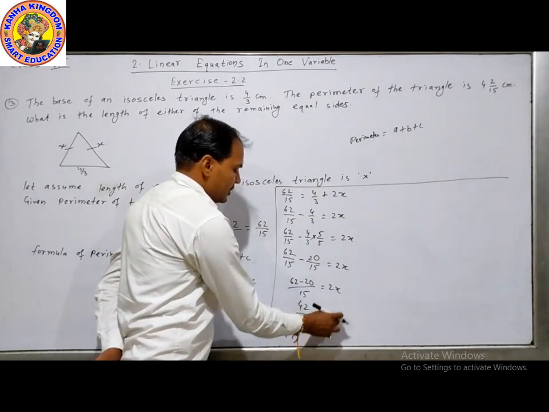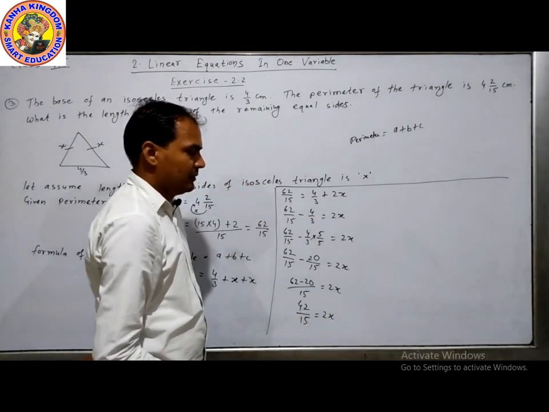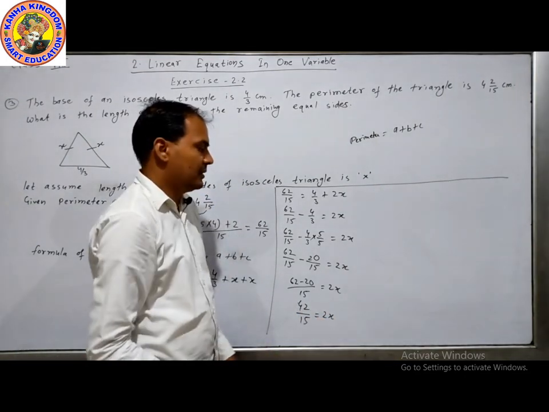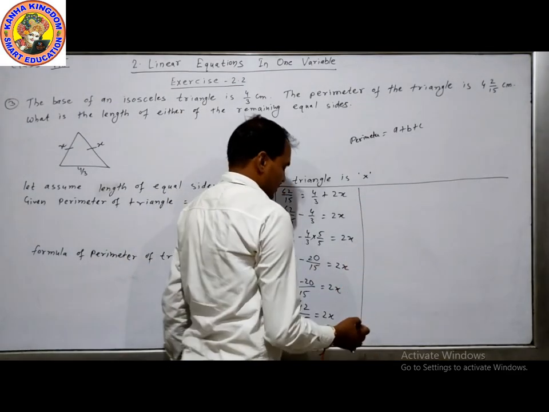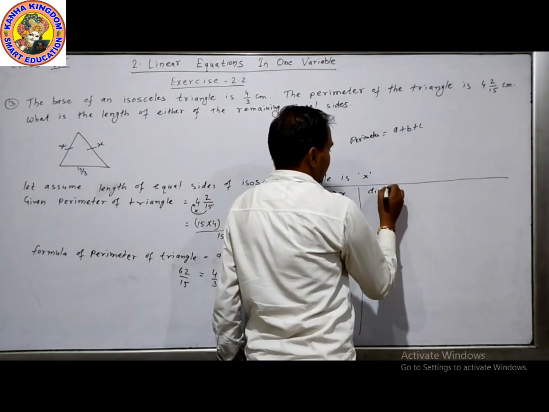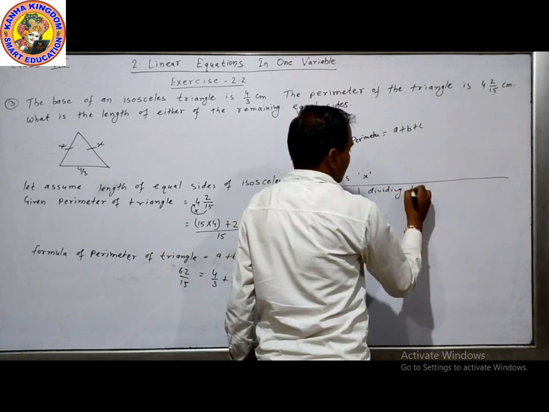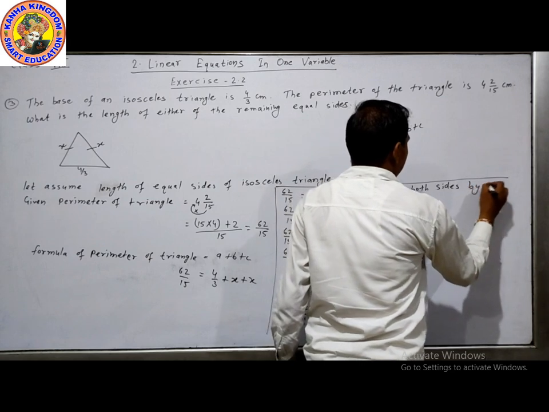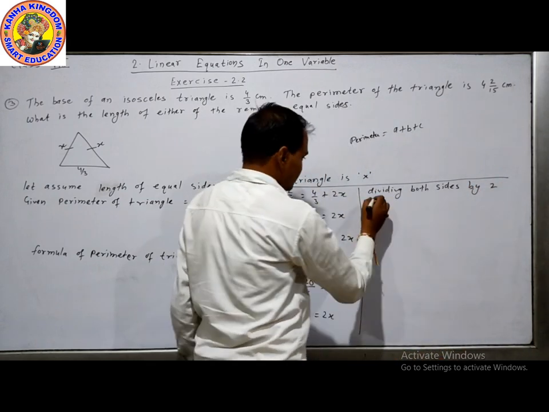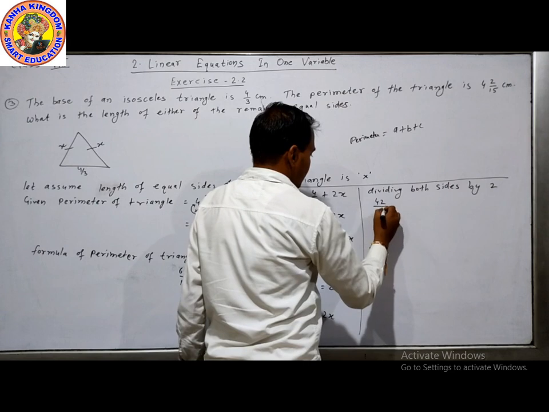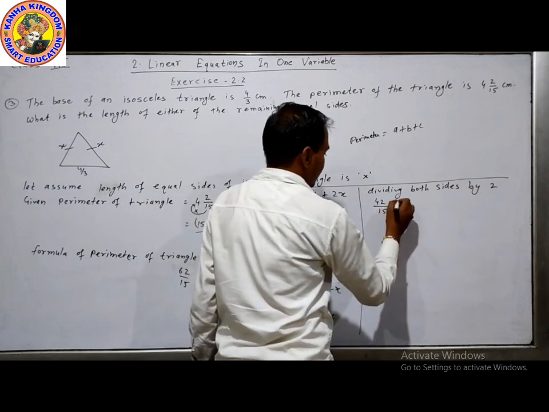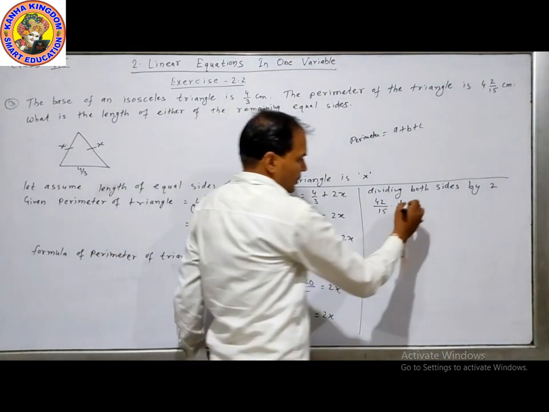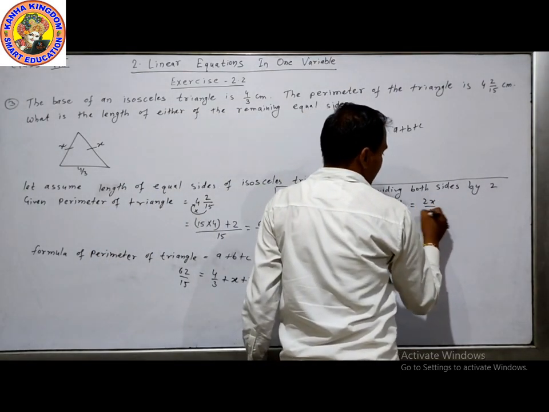Now this is 2x, 2 multiplied. To remove this 2 we have to divide by 2. Dividing both sides by 2: 42 upon 15 then divided by 2 is equal to 2x upon 2.